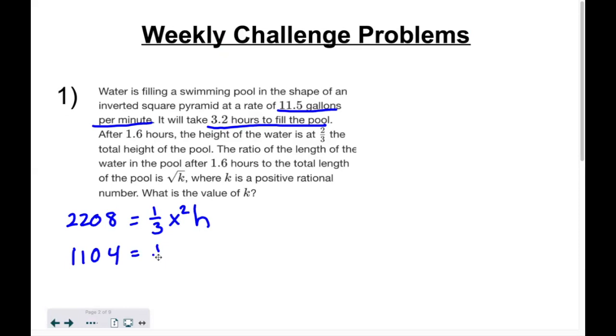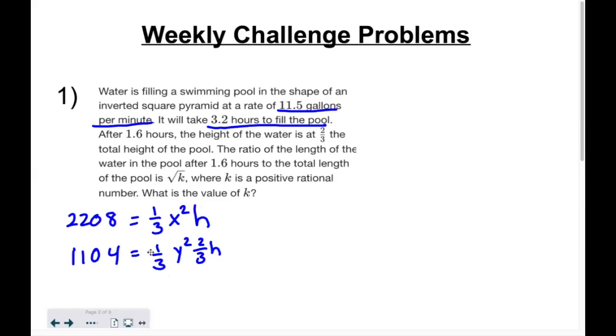And that's going to be 1/3. Now it's going to have a different length, so I'm going to call that y, so y squared. And the height is going to be 2/3 of the total height, so 2/3 h. So these are the two equations that I get from this problem: when it's half full versus when it's full.